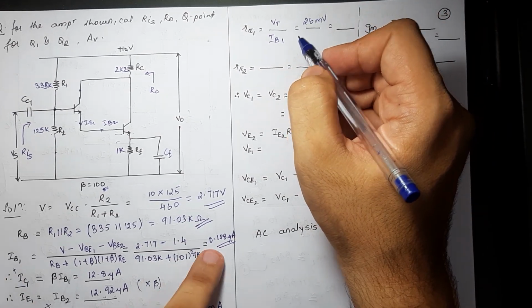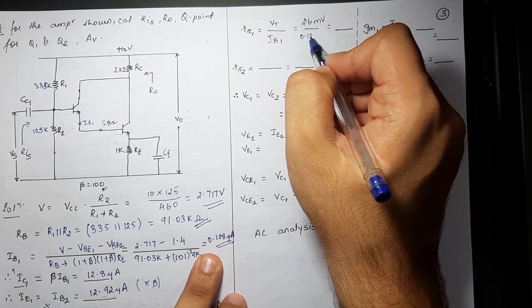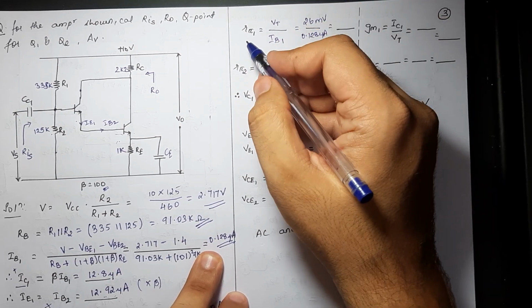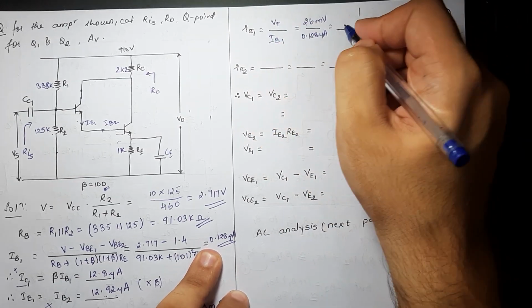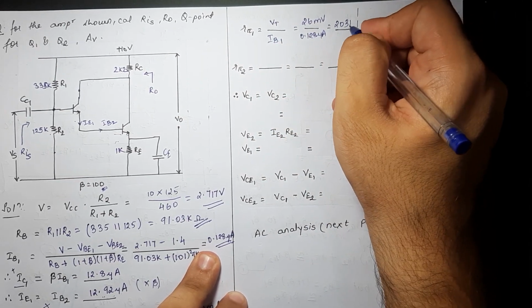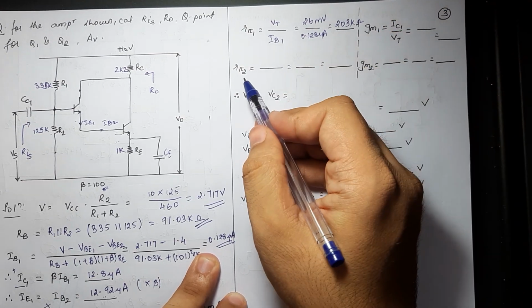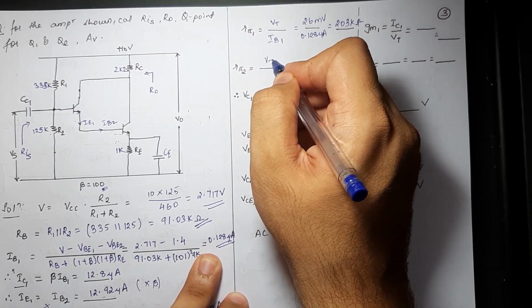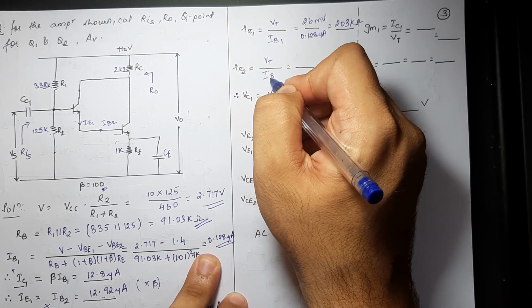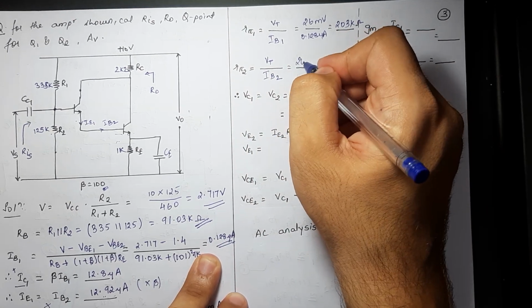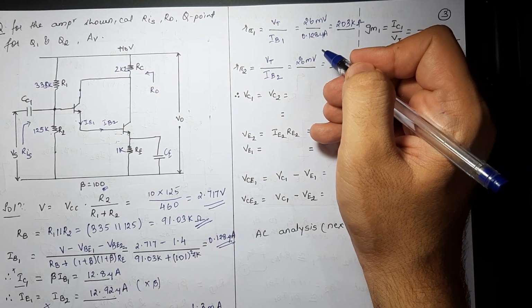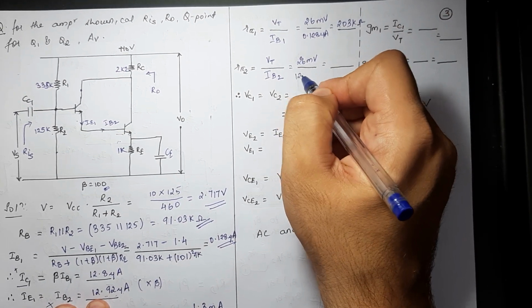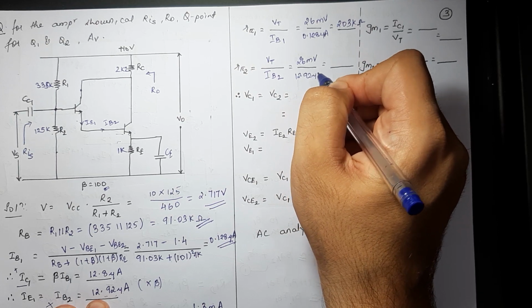The value of Ib1 over here is 0.128 microamps. The value of Rpi1 that I have received is 203 kilo ohms. Similarly, the value of Rpi2 over here is given by Vt upon Ib2. It is nothing but 26 millivolt upon Ib2. The value of Ib2 over here is given as 12.92 microamps.